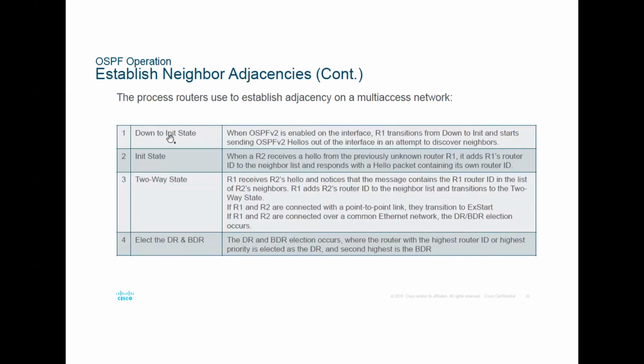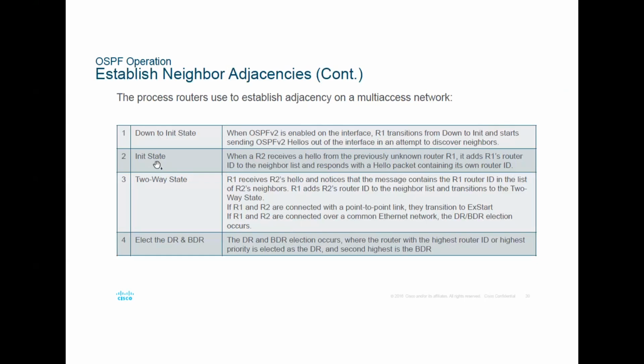Okay, Down to Initial or Init state. When OSPF version 2 is enabled on the interface, R2 transitions from Down to Init, and starts sending OSPF version 2 hellos out of the interface in an attempt to discover neighbors.